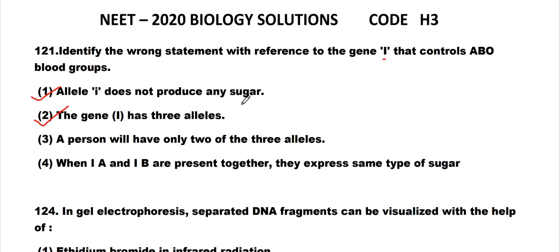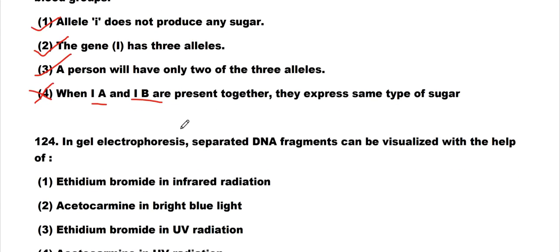Next, a person will have only 2 of the 3 alleles because the individuals are diploid. When IA and IB are present together, they express the same type of sugar. This is wrong because IA and IB are different antigens. So the answer for 121 is 4.